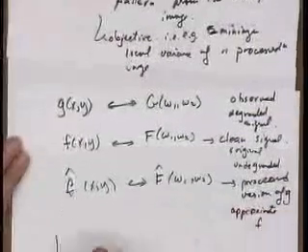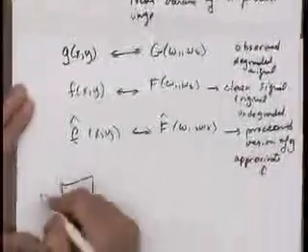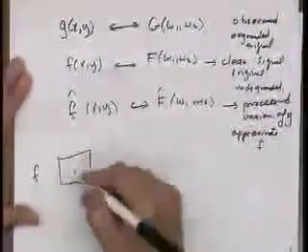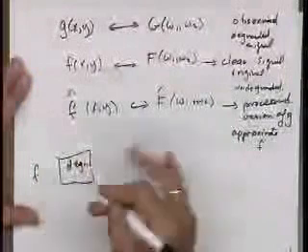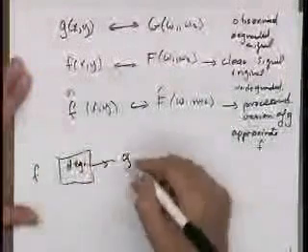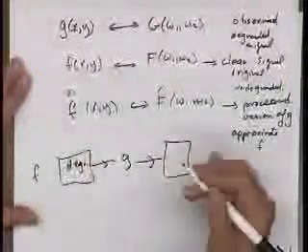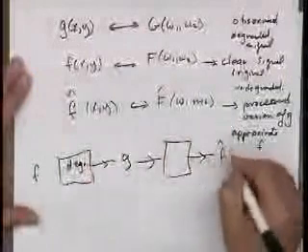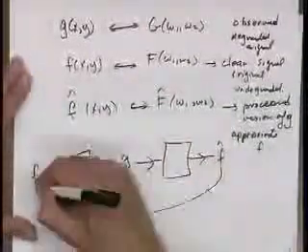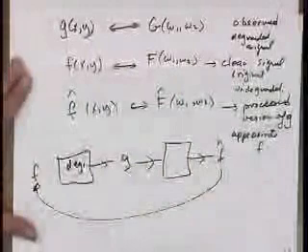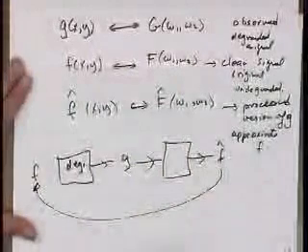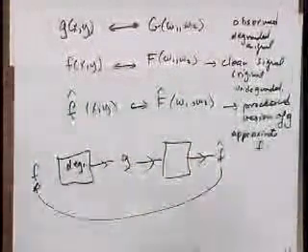So you start with your signal f, it goes through some degradation, in this case periodic noise, and you get g, and then you process g somehow to get f hat. This f hat tries to be as close as possible to f, and this is the box that we're trying to design.